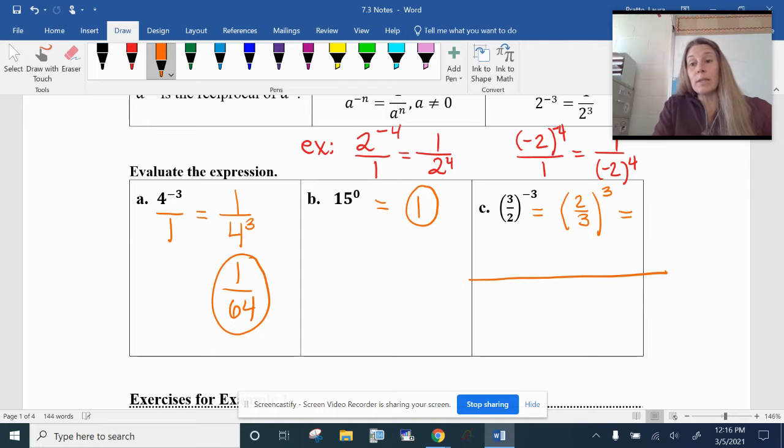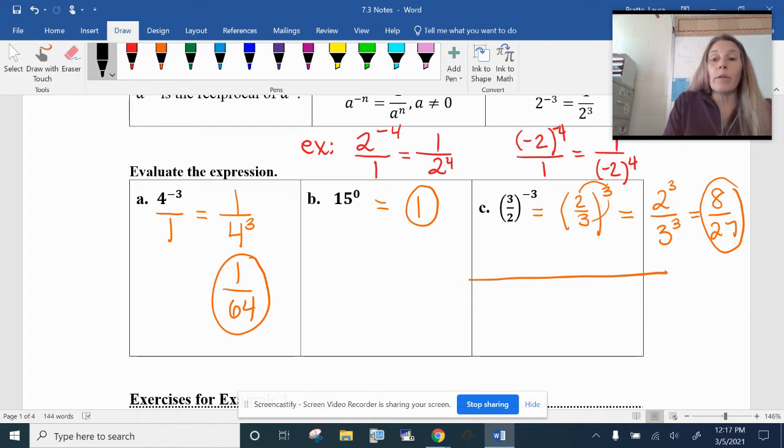Then this problem would have to be finished by bringing that exponent to both the numerator and the denominator. So I would have 2 to the third power over 3 to the third power, which simplifies to 8 over 27.